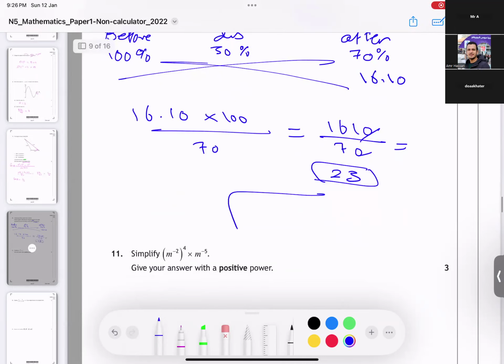Because if you try to use long division, 161 divided by 7, this one's pretty close to 14. We try to subtract, so it's going to be 21. 21 divided by 7 is going to be 3, so 23, right? Yeah. Did you get it? Yep. Okay, do it again.